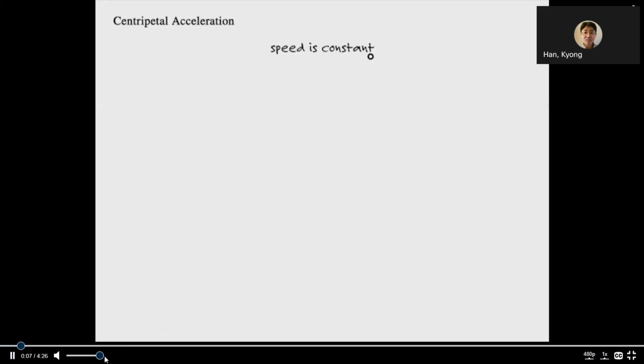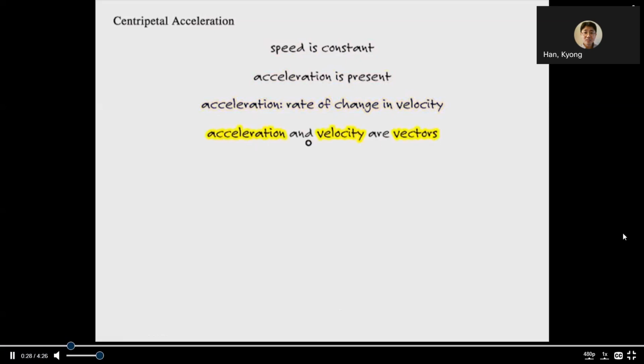One of the most confusing ideas about centripetal acceleration is that although the speed is not changing, we have an acceleration. This goes back to chapter 2, where we defined acceleration as the rate of change of velocity, not of speed. Recall that both acceleration and velocity are vectors. That means they have both a magnitude and a direction.